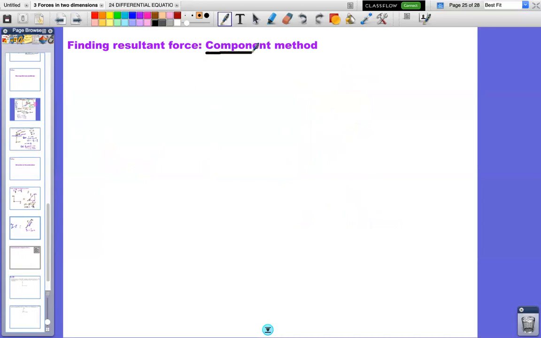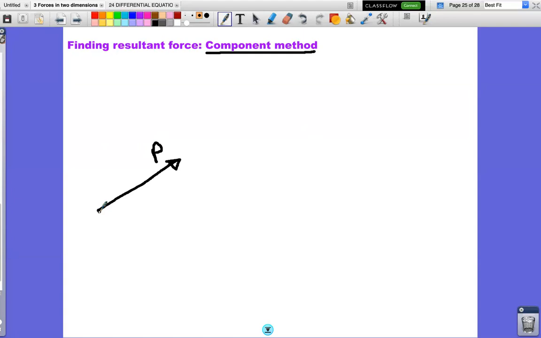So the best method to use is the component method. Component method means you first break the forces into their components. Let's say I have the force P, and P can be broken into a horizontal X component, call it Px, and a Y component, call it Py.